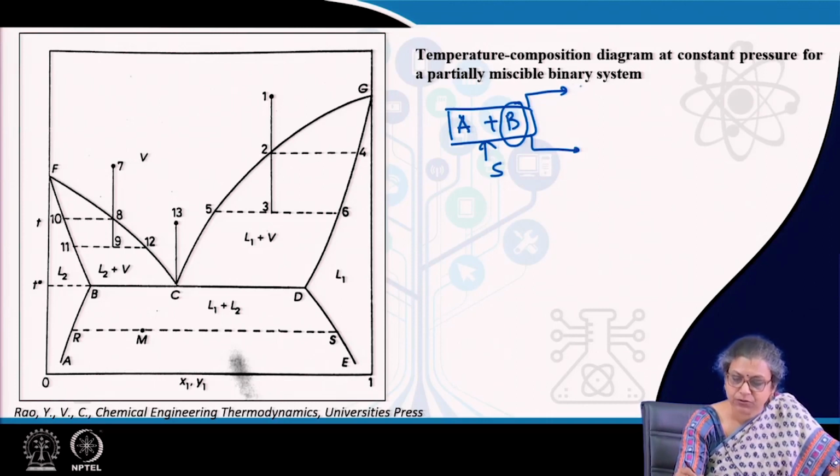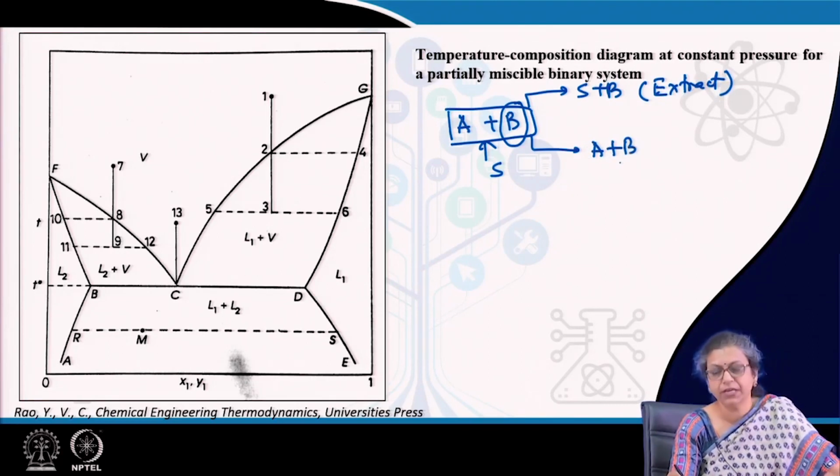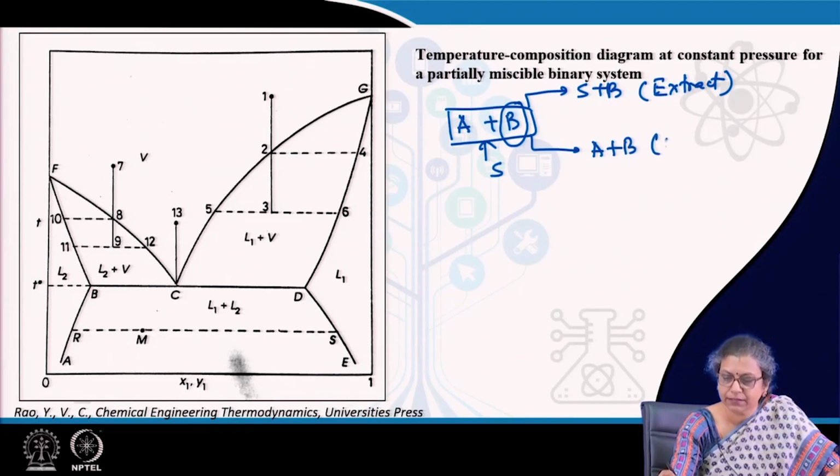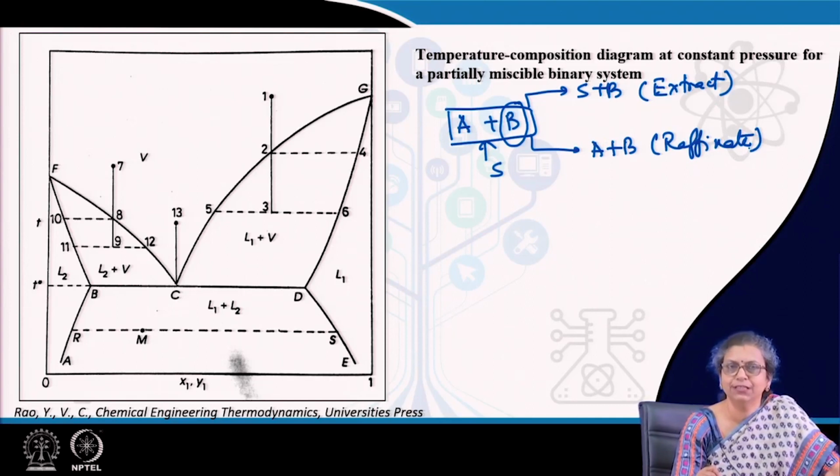We expect to get S plus B, which is known as the extract phase, and there will also be some amount of B remaining in A, which is known as the raffinate.